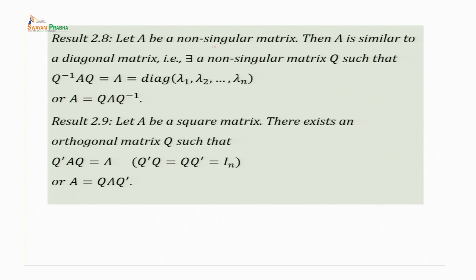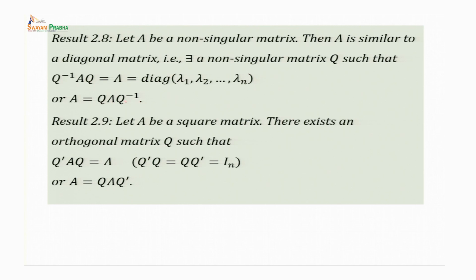Now, suppose A is a non-singular matrix, then A is similar to a diagonal matrix, that is, there exists a non-singular matrix Q such that Q inverse A Q is equal to lambda, which is equal to diag(lambda 1, lambda 2, ..., lambda n). In fact, these lambda 1, lambda 2, ..., lambda n are the eigenvalues of A, or you can write A equal to Q lambda Q inverse.